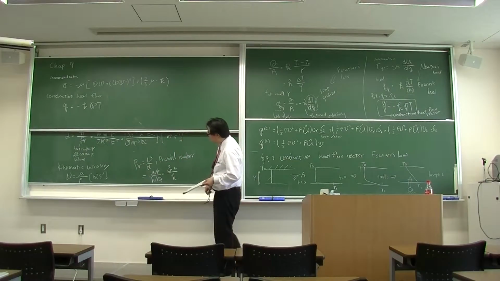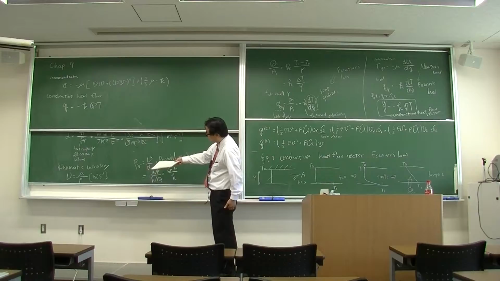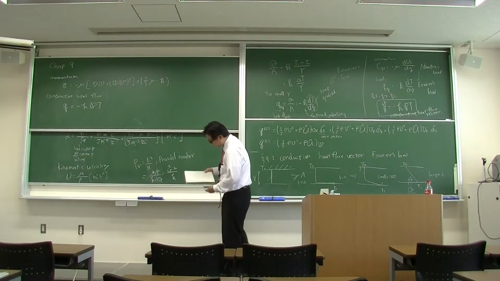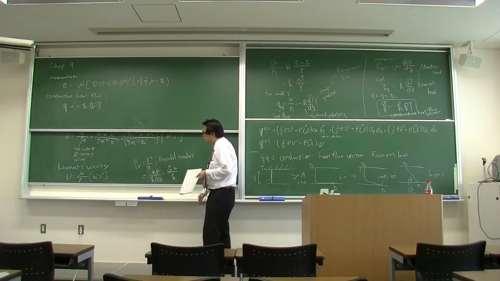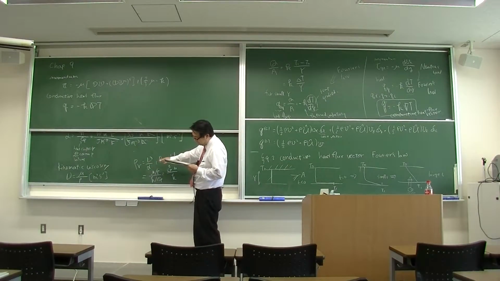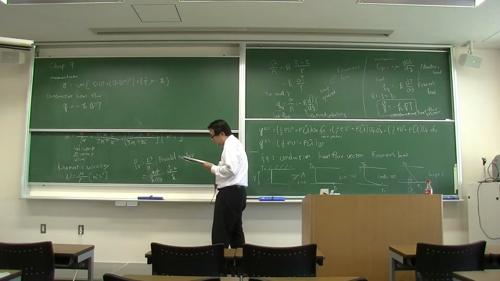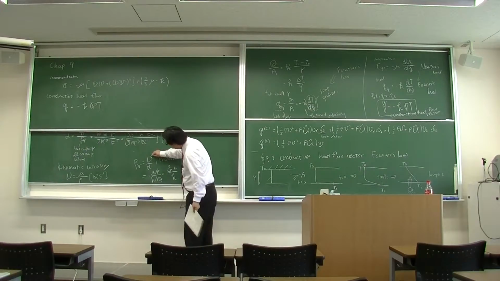Okay, this is the Prandtl number, the ratio of the kinematic viscosity and thermal diffusivity. So this dimensionless value is the relative ease of the momentum and energy transport. So this is momentum.